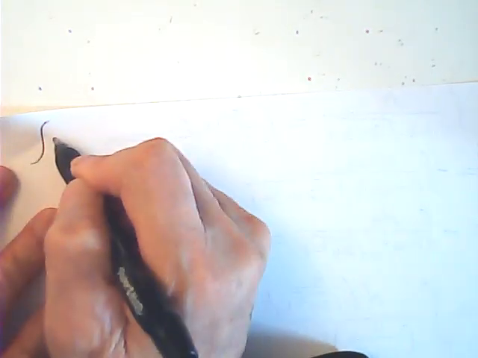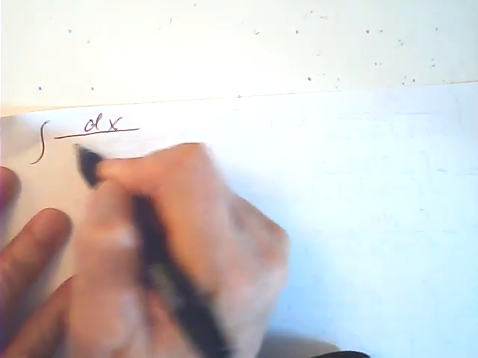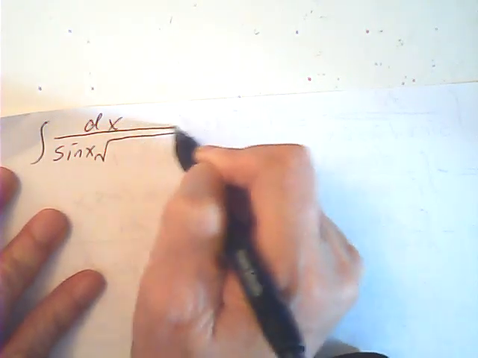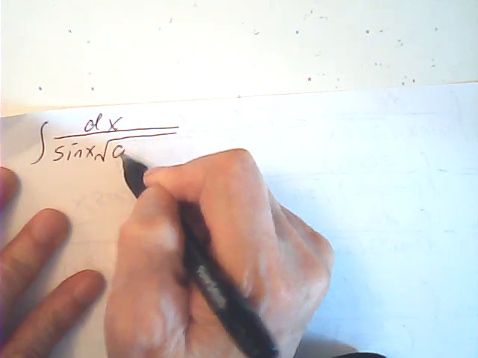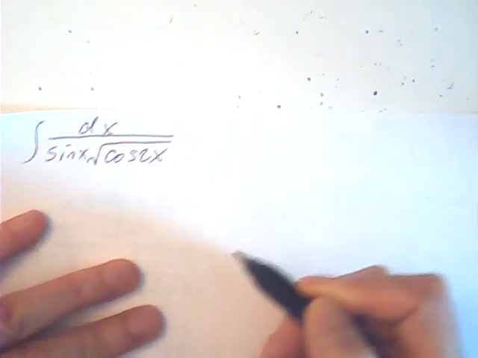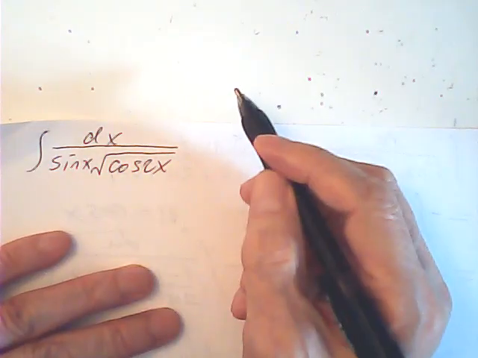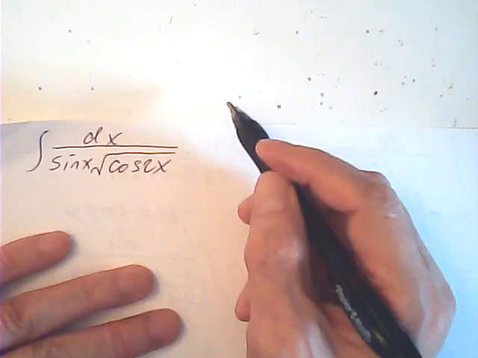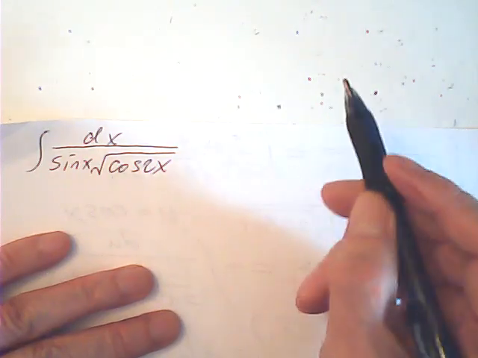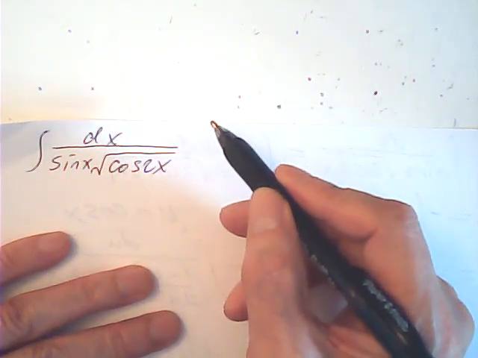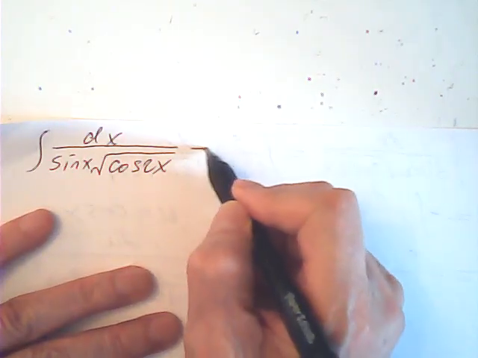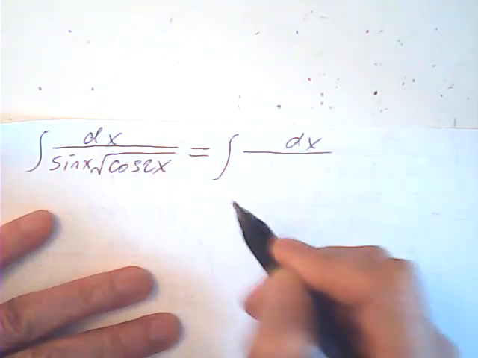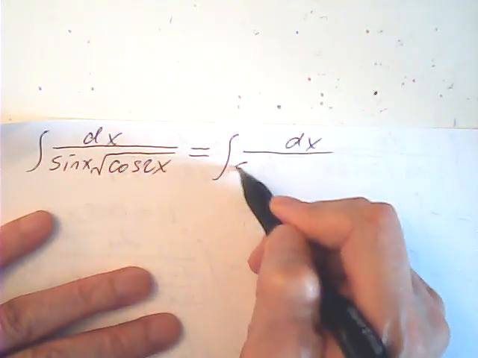Method 2, this is dx, this is sine x cosine 2x. Well, method 2 is this. I change the denominator into sine.